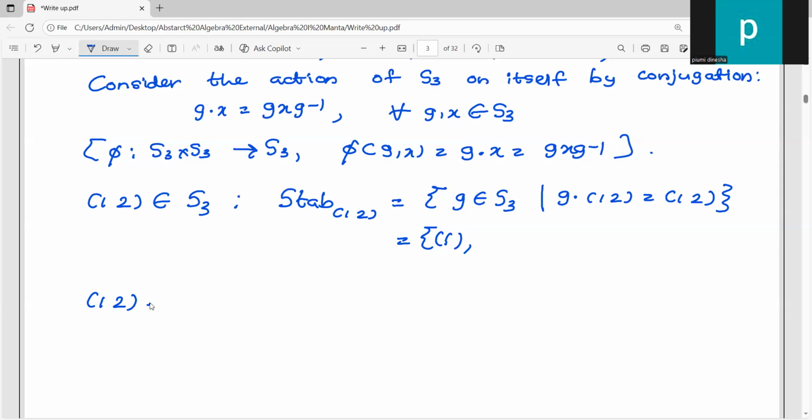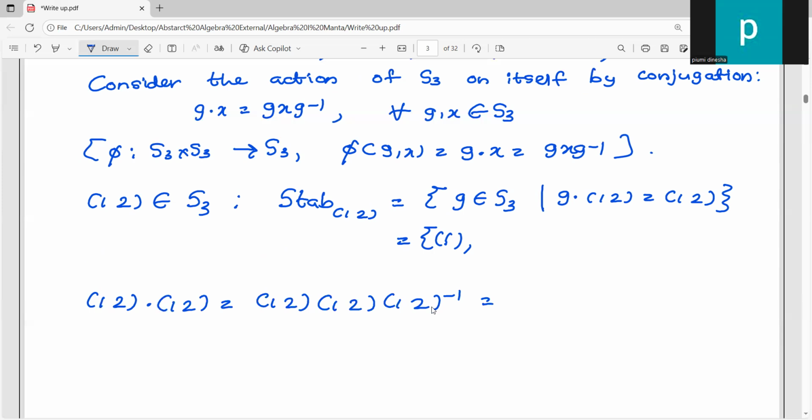We find (1 2) · (1 2), which is given by (1 2) times (1 2) times (1 2) inverse. What is the inverse of (1 2)? (1 2) itself, right? When all these permutations are given in cycle decomposition, we start with the last element and write it down first and go from right to left.